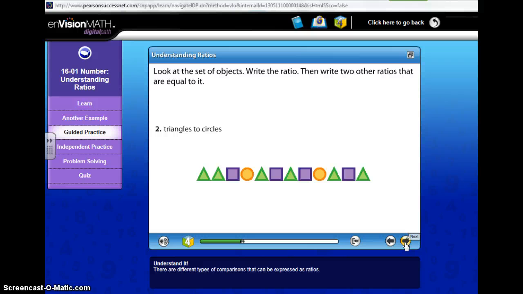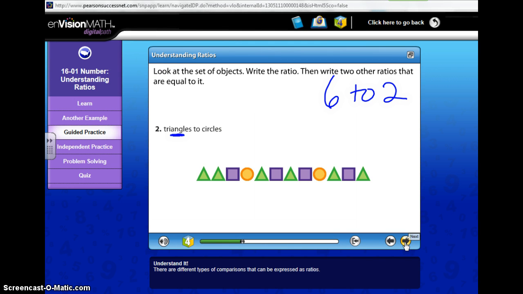Sky? How many triangles? Count them again. Okay. How many circles? Okay, now, would it have been okay for me to write 2 to 6? No, because this word came first.